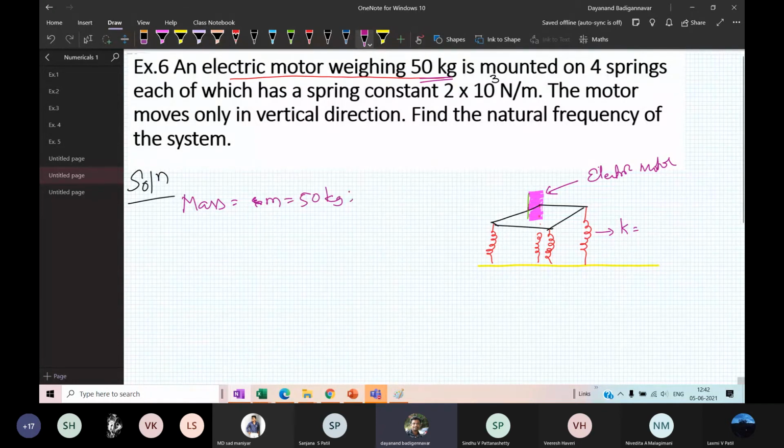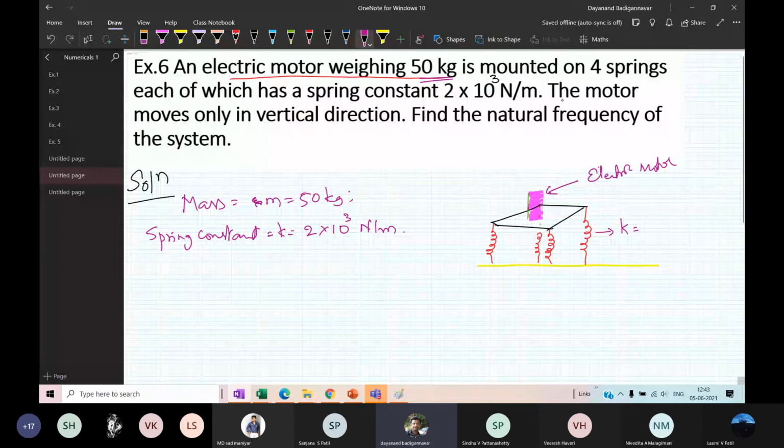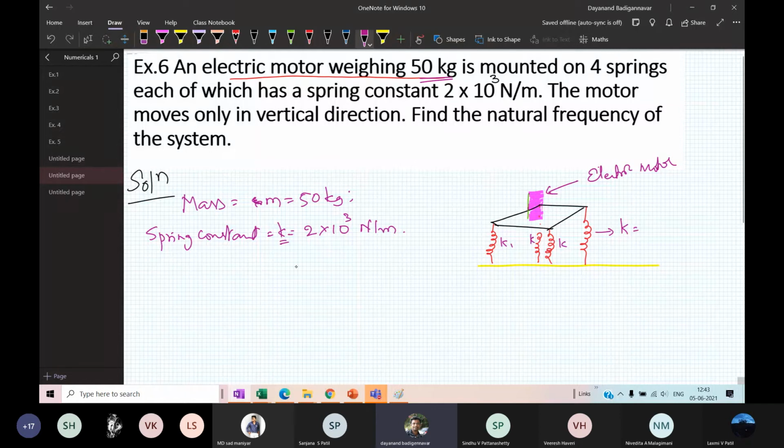It is mounted on 4 springs, which have a spring constant K, that is equal to 2 into 10 to the power of 3 Newton per meter. There are 4 springs, and they all have the same spring constant. The motor moves only in vertical direction. Find the natural frequency of the spring system.